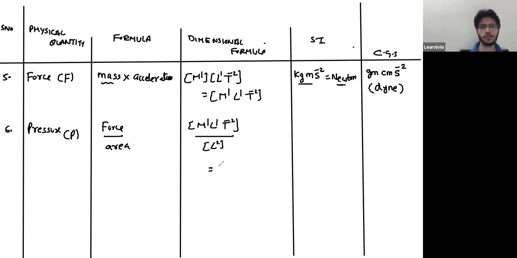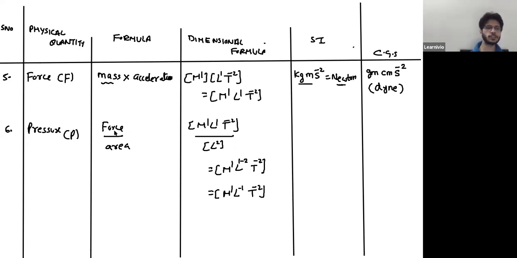When you divide L1 by L square, that's L to the power 1 minus 2. So that's M1 L minus 1 T minus 2, the dimensional formula for pressure.